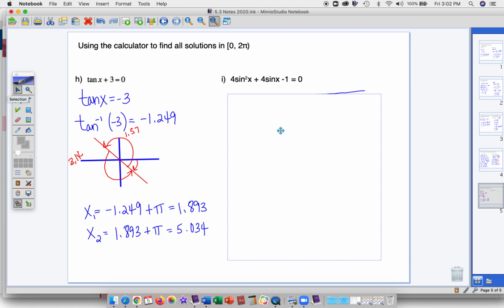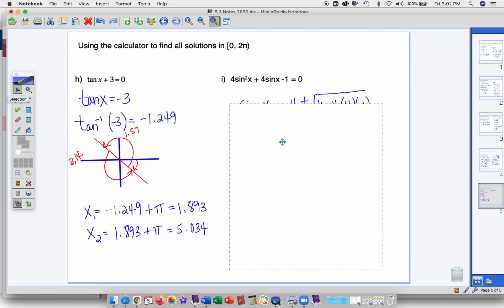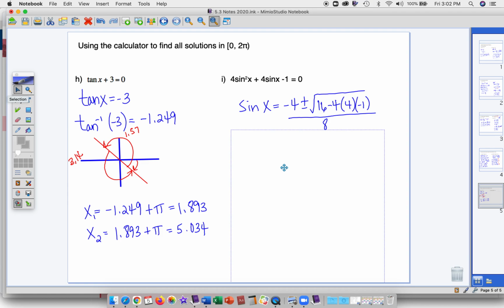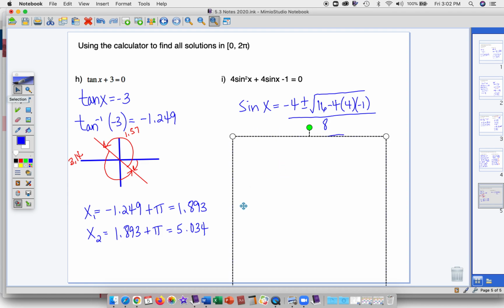Okay, let's see. Here we have a quadratic, but it's not factorable. So guess what we have to do? Quadratic formula. Okay, but instead of x equaling our quadratic formula, it's the sine of x that equals this.